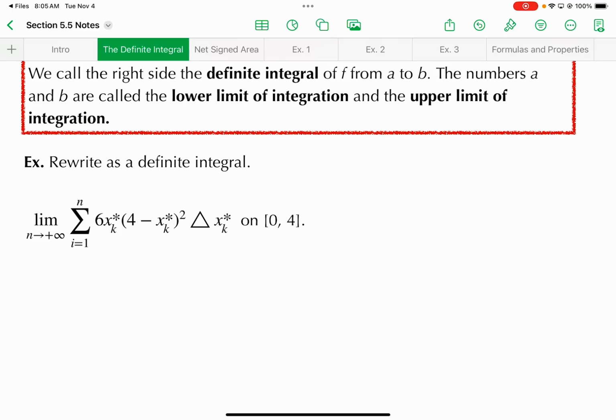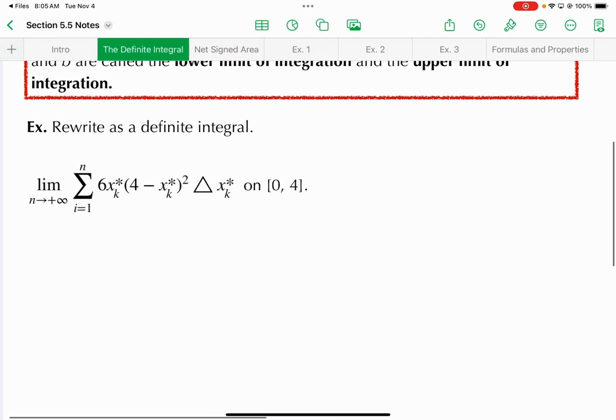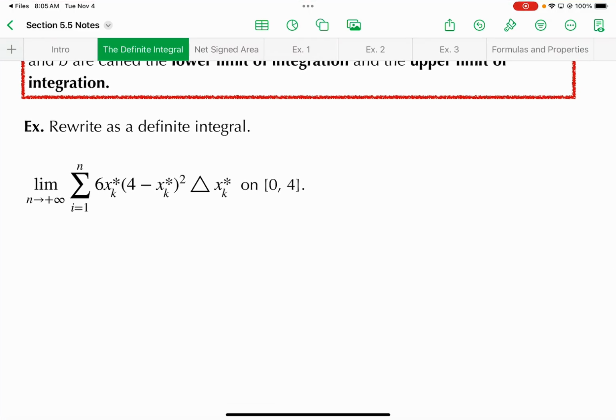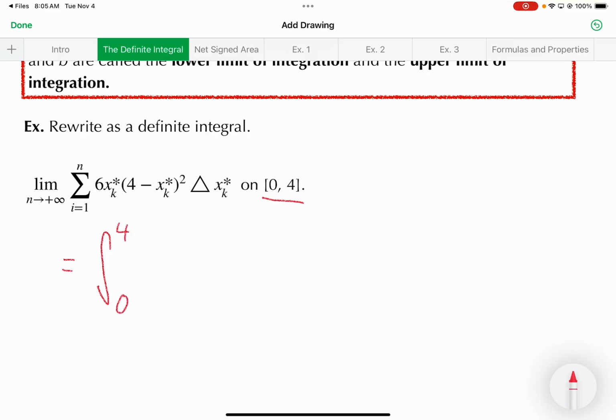Your rule is just going to represent your function, and then your limits are going to be represented by the interval that they give you as well. So instead of going through that process, similar to those last examples in last section, we can just write this instead as the integral from, so our limits are just going to be taken from our interval, so we would say from 0 to 4.